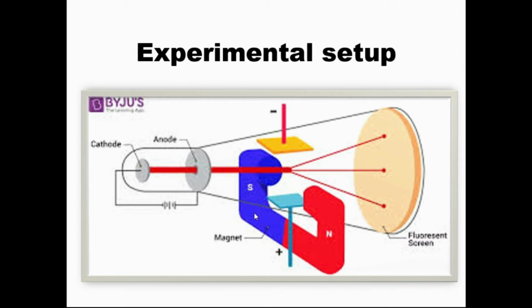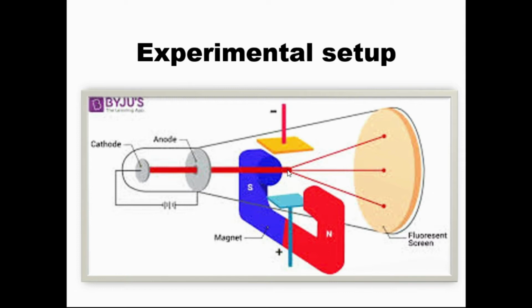And so the red thing you see passing through the cathode and then the anode is supposed to be a gas that J.J. Thomson used, the inert gas. So passing through the two plates, you see that some of the red lines, if we should put it that way, move towards the negative plate and some move towards the positive plate.